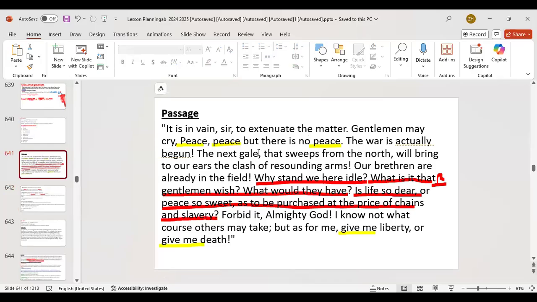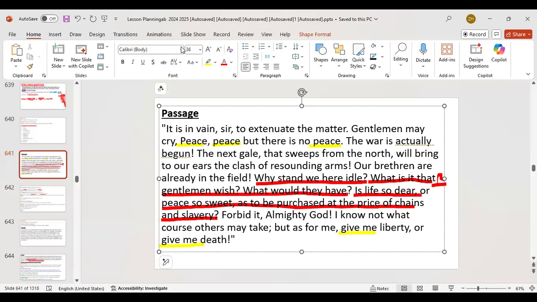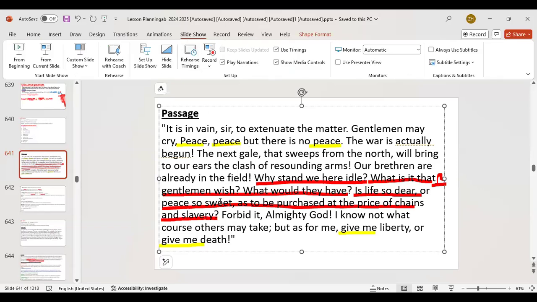He said, "the next gale that sweeps from the north will bring to our ears the clash of resounding arms." You all know what a gale is? That's just like a wind, right?